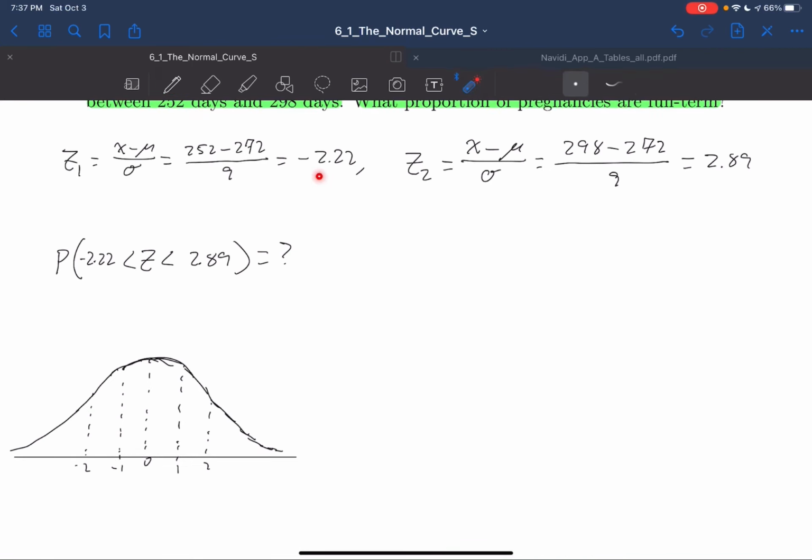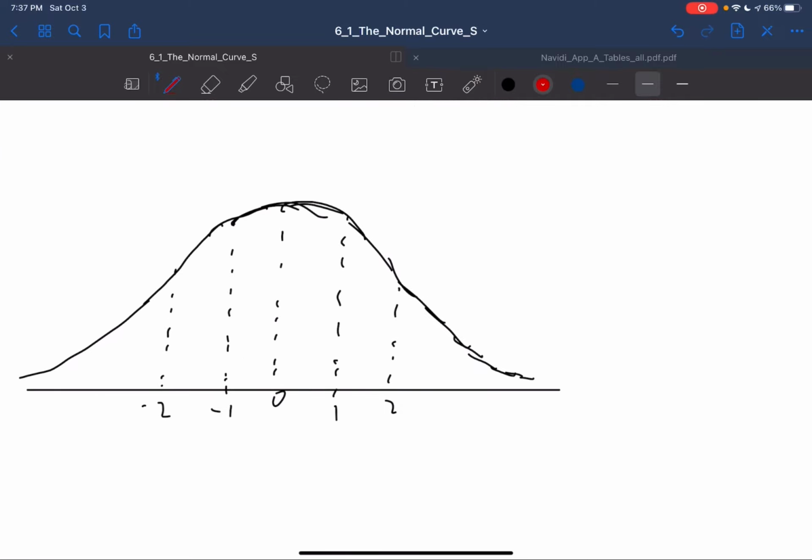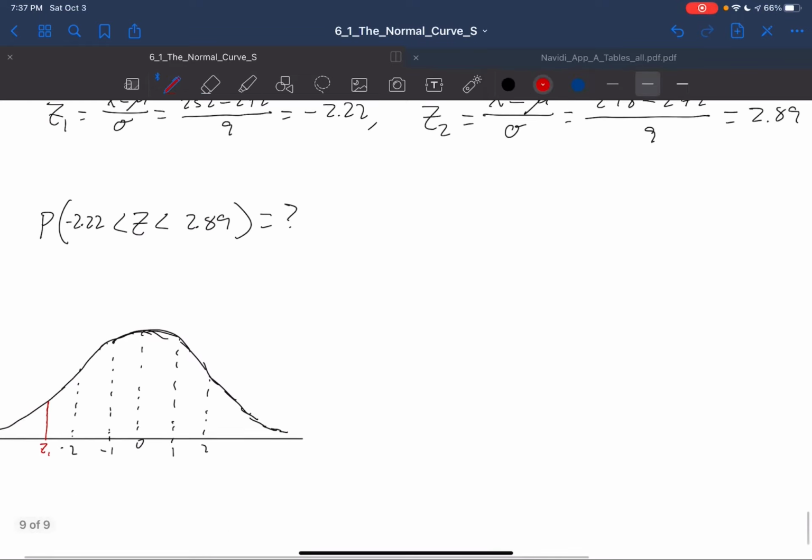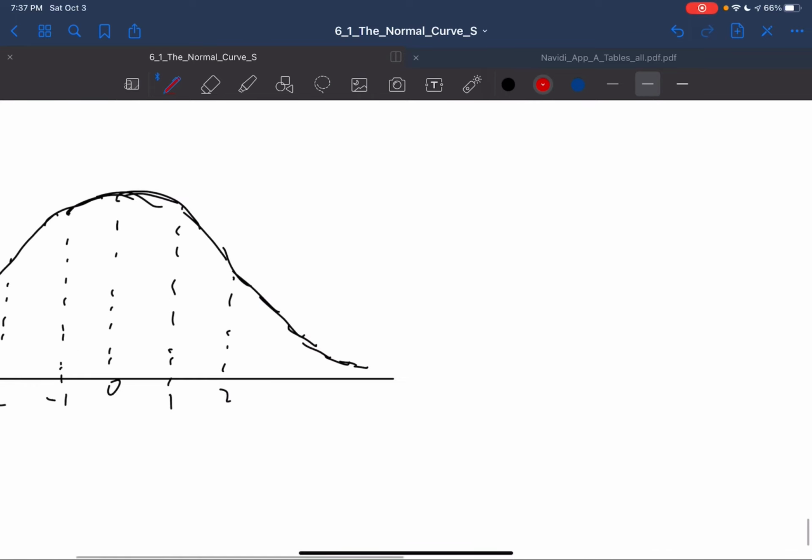Here z1 is negative 2.22, so somewhere around here, say this is z1. And z2 is 2.89, so let's say somewhere around here is z2.